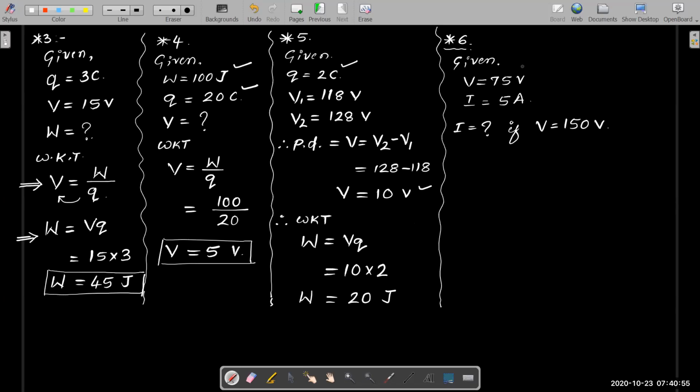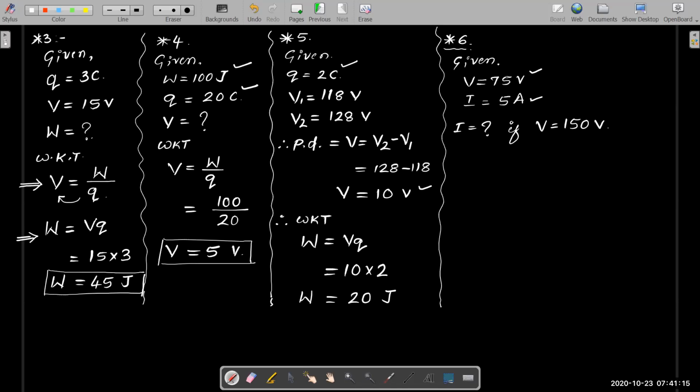Yes, dear students, here observe it. Already they have given that 5 ampere of current will be drawn from the source when the potential difference is 75 volt across the terminals of the heater. There is one electric heater.